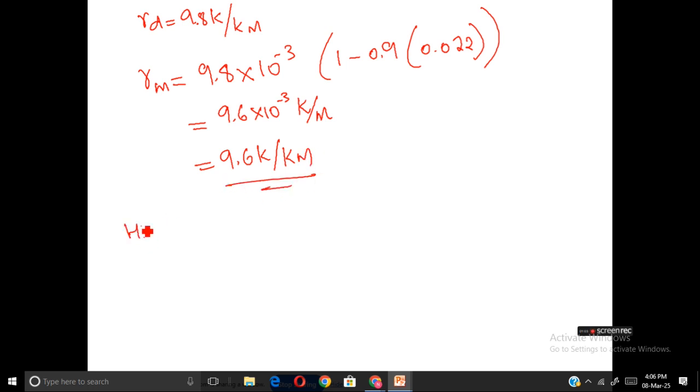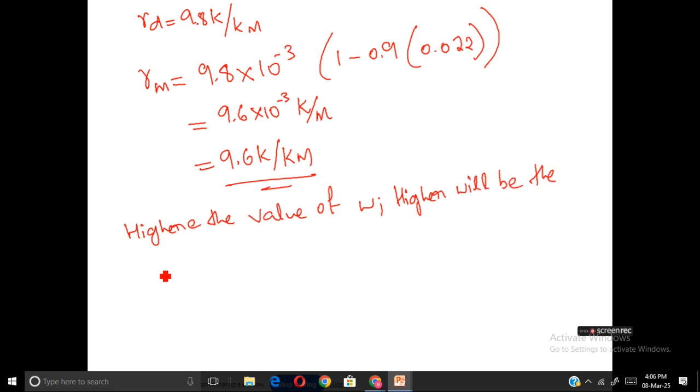So basically from the equation we can see, the higher the value of mixing ratio, the higher will be the difference between the dry adiabatic lapse rate and the moist adiabatic lapse rate.